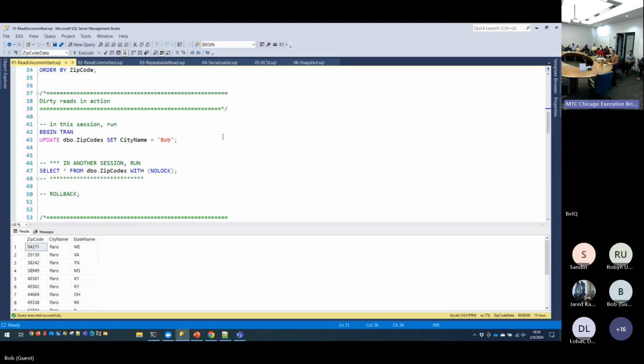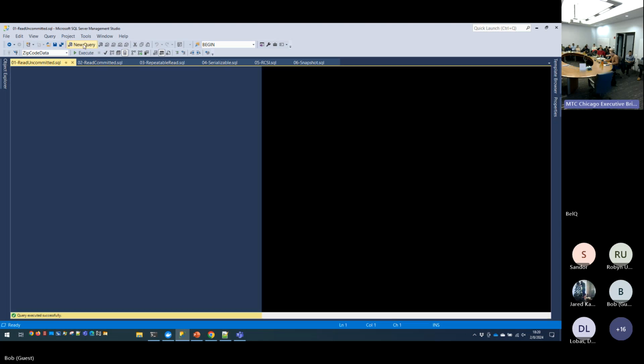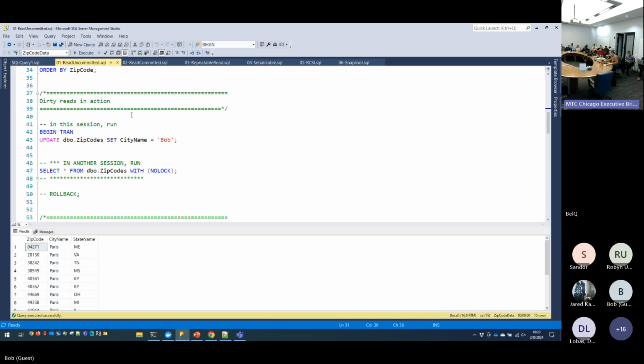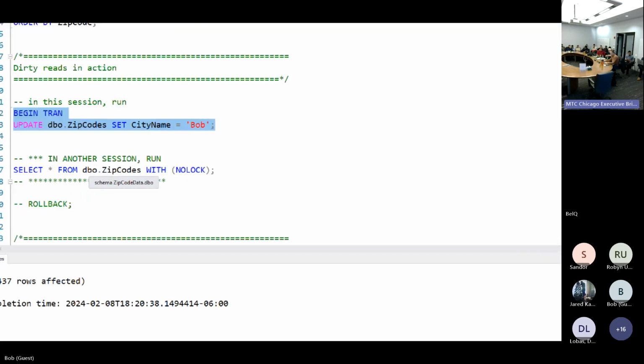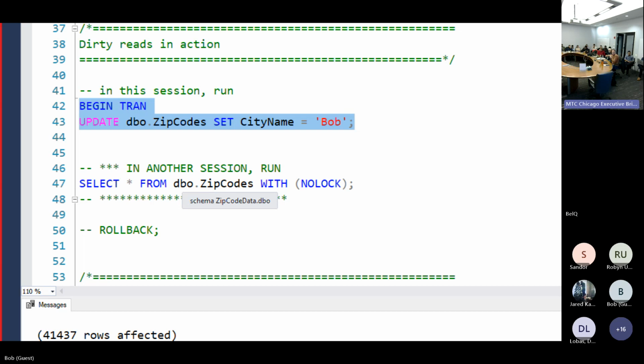So we're going to play with some dirty reads now. I'm going to have to set up another session just to run this query. But in this session, I'm going to open a transaction and update the entire table and set the city name to Bob. Now I didn't commit this transaction, so it's an in-flight change.